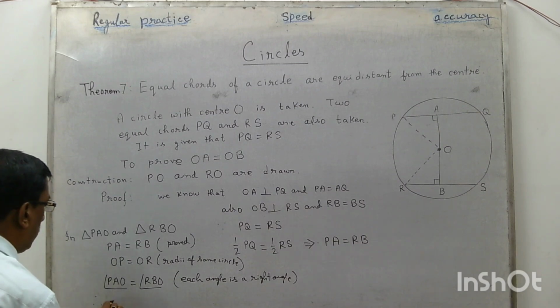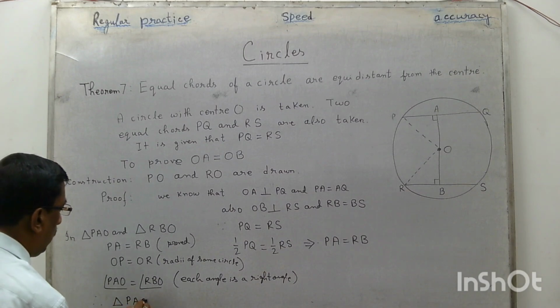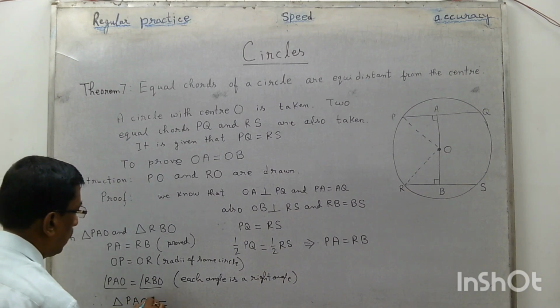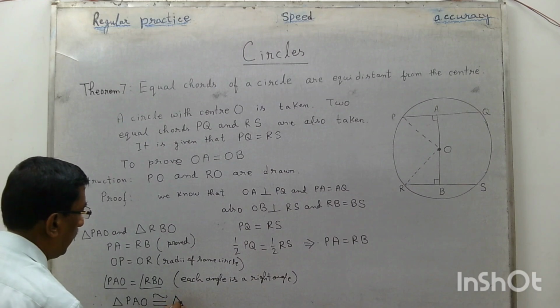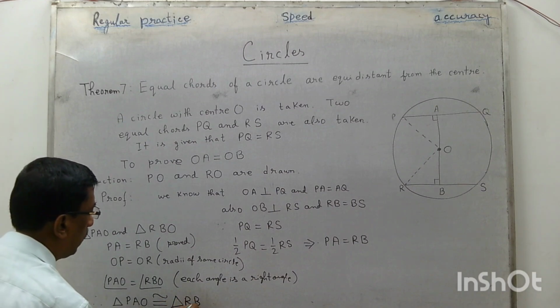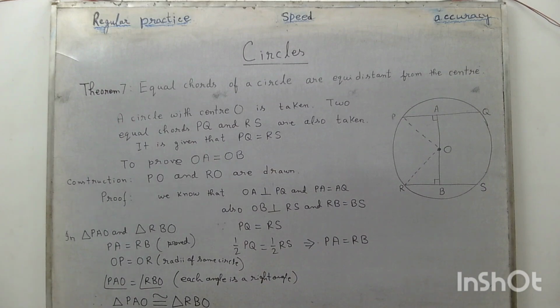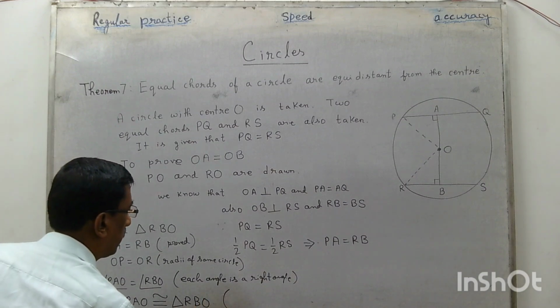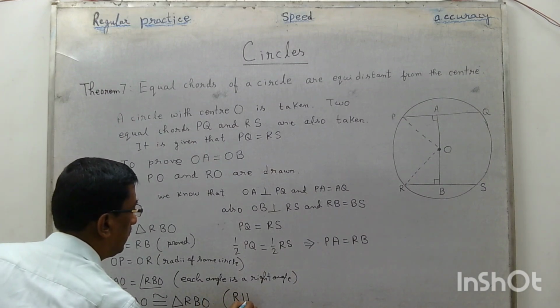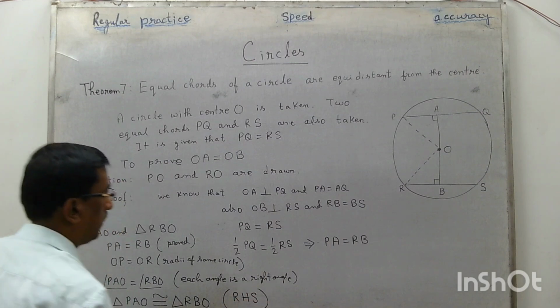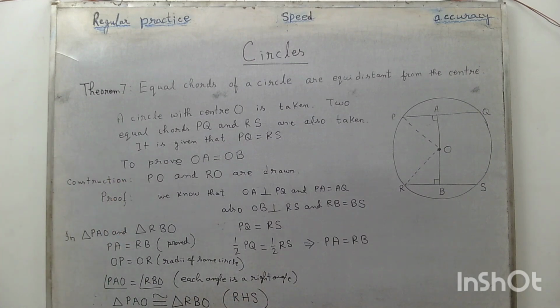Therefore, triangle PAO is congruent triangle RBO. And the criteria is RHS, right angle hypotenuse side.